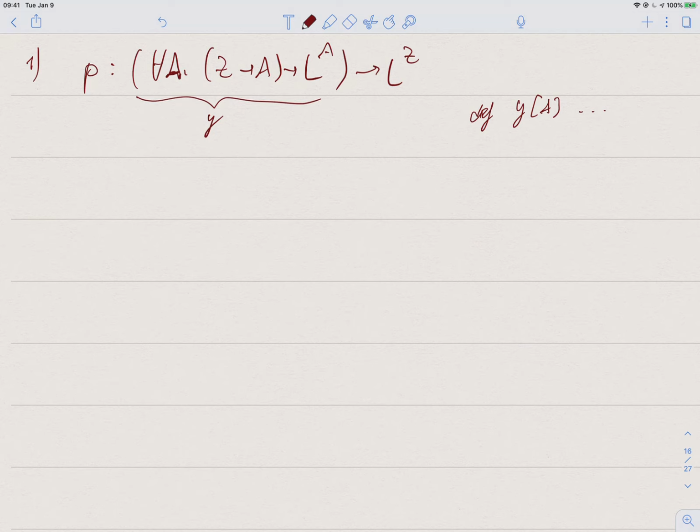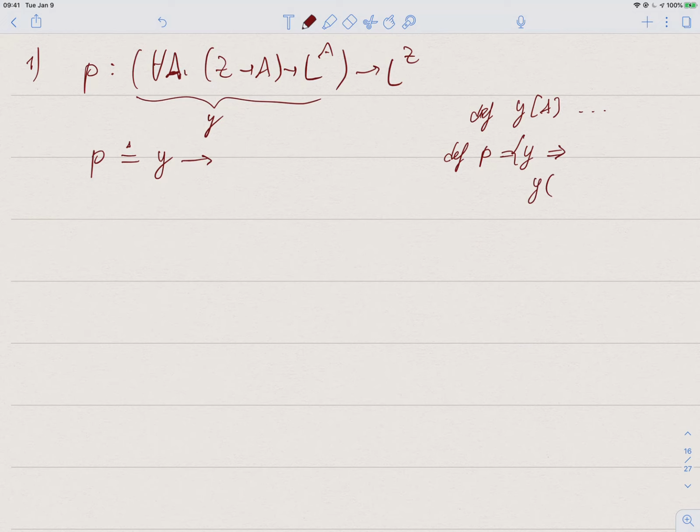So we define P as Y going to, like Scala code, def P equals Y going to, and then we need to return a value of type L of Z. So let's compute a value of type L of Z by calling Y of a function.